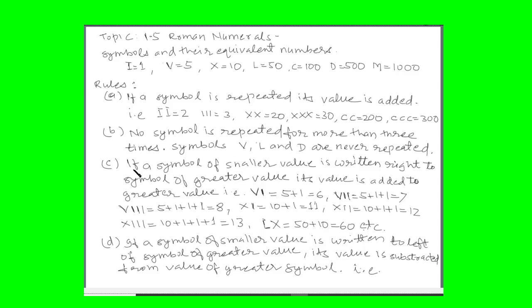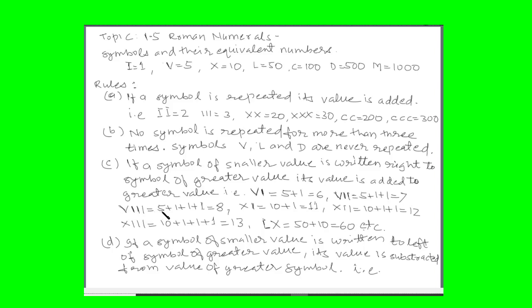Rule C: if a symbol of smaller value is written right to symbol of greater value, its value is added to the value of symbol of greater value. That is, VI equal to 5 plus 1 equal to 6. VII equal to 5 plus 1 plus 1 equal to 7.